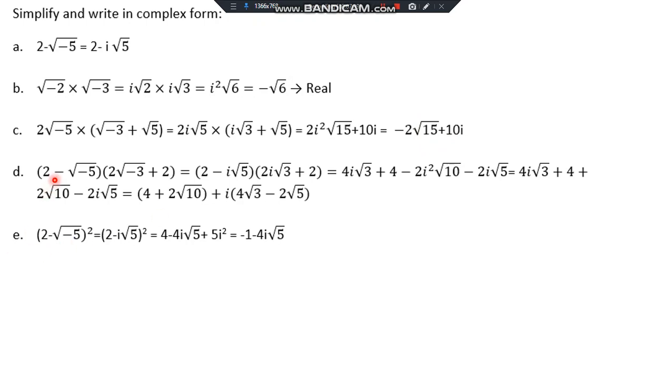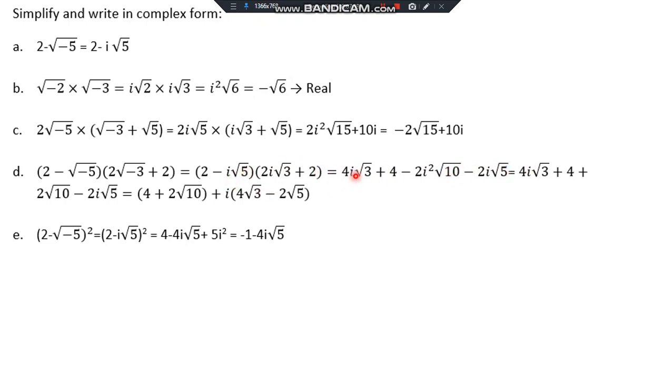Here the same story, 2 minus i root 5, times 2 plus i root 3. I expand: 4i root 3 plus 4, minus 2i squared root 15, and minus 2i root 5.